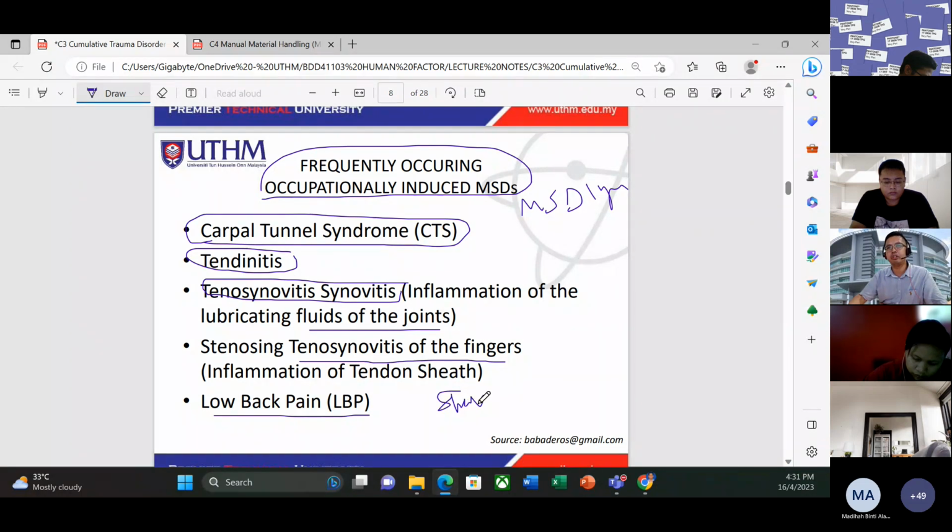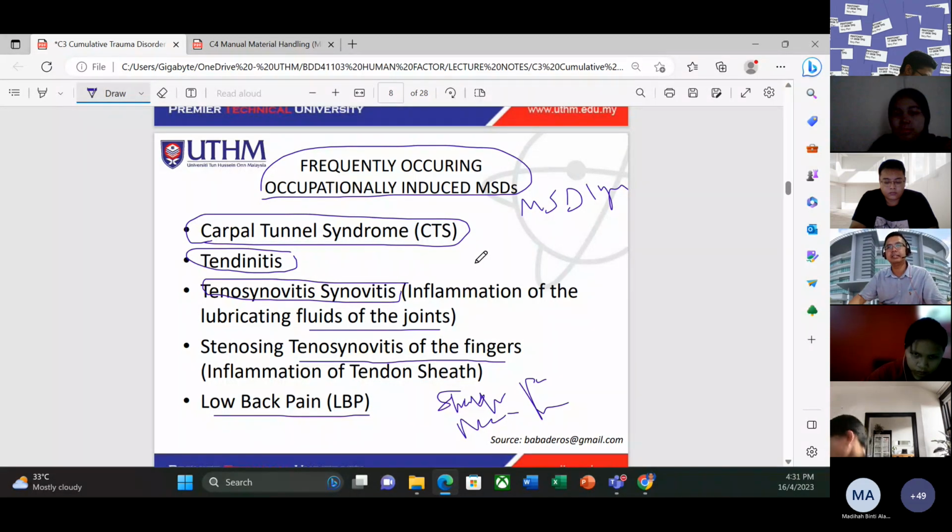So there are many types of pain: shoulder pain, neck pain or neck injuries, rotator cuff pain, and others regarding our musculoskeletal disorders.